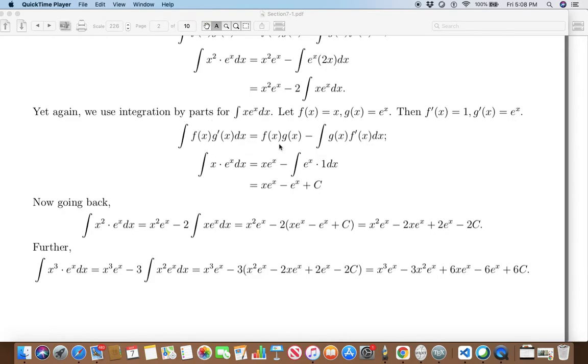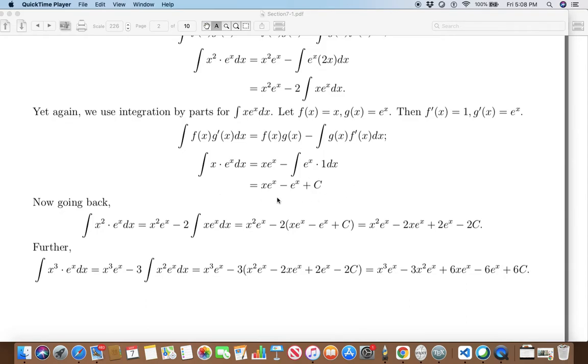Integral f g prime is f(x) g(x) minus integral g f prime. f g prime is the question at hand. f(x) g(x) is x e to the x minus integral g f prime. f prime is simply 1. So finally, this is an easy integral. Integral of e to the x is simply e to the x plus some constant of integration.